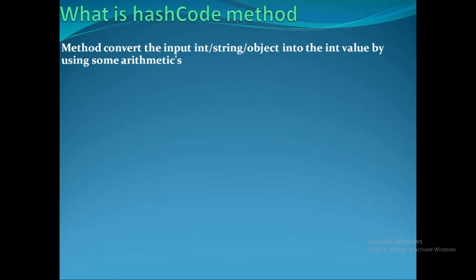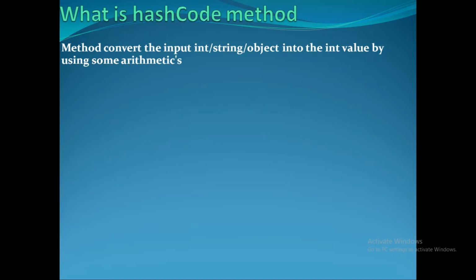So hashCode is one of the methods which converts our input, that can be an integer, string, object or any kind of primitive data type, or it can be our custom object, our Student, Pen, whatever object we have created. That can be our input.